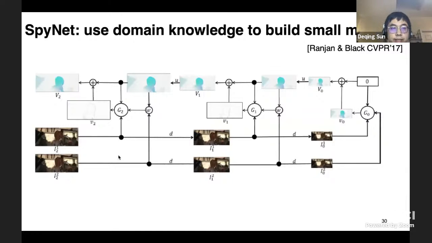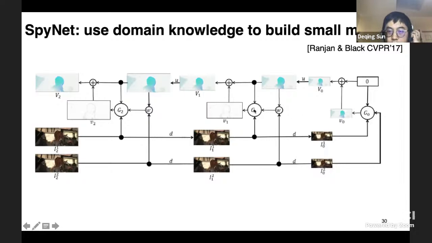Another network is called SpyNet. It's a spatial pyramid. It constructs the image pyramid, which is a very well-known computer vision technique, and then it applies a network to predict optical flow from the two input images.